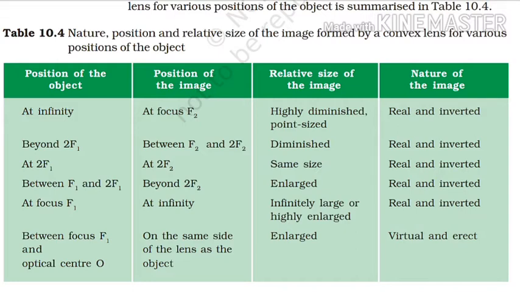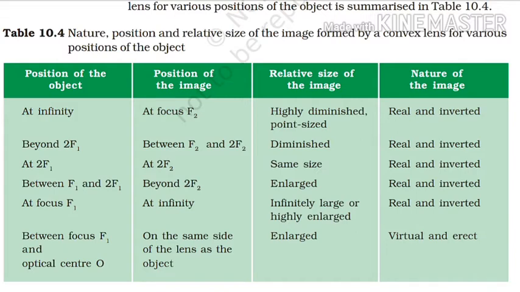The relative size of the image is enlarged, larger than the object, and the nature is virtual and erect. You have seen that in all 6 cases, only when the object is placed between focus and pole is the image virtual and erect; in all other cases the image is always real and inverted.